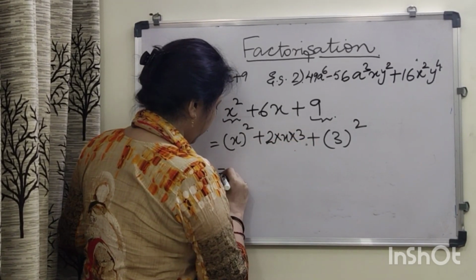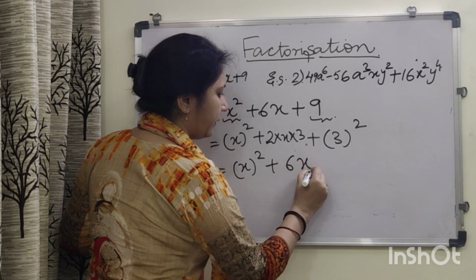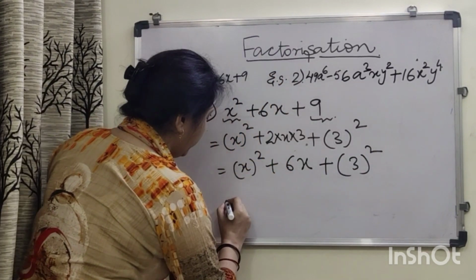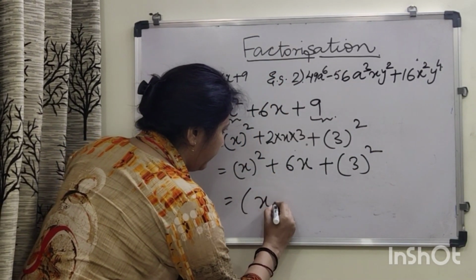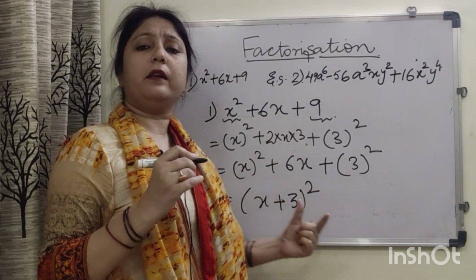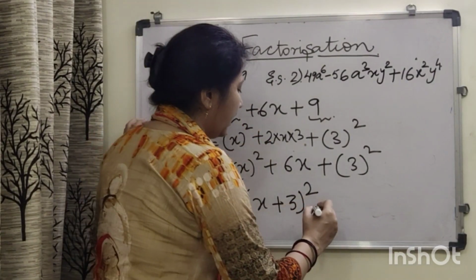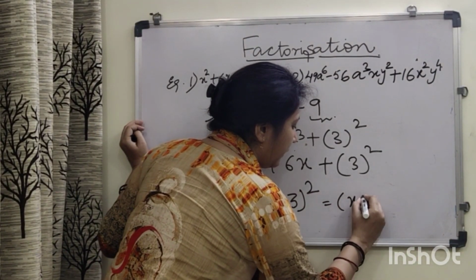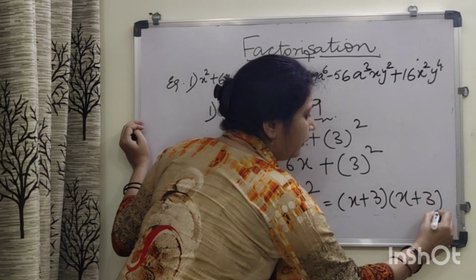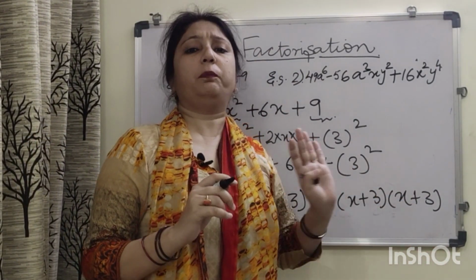Now let's see. It is x whole square, we get the midterm, that is 6x, and this is 3 square. That means we get which identity? X plus 3 whole square. So we can write it in the simplest form, x plus 3 into x plus 3. This will be the simplest form for this expression.